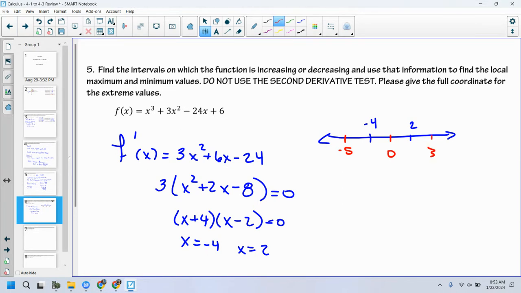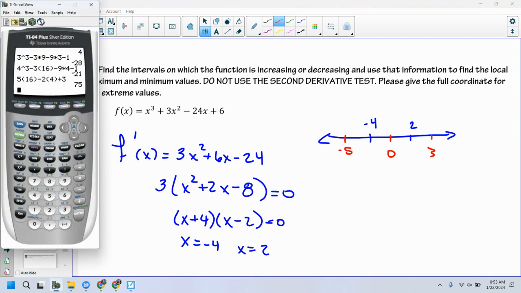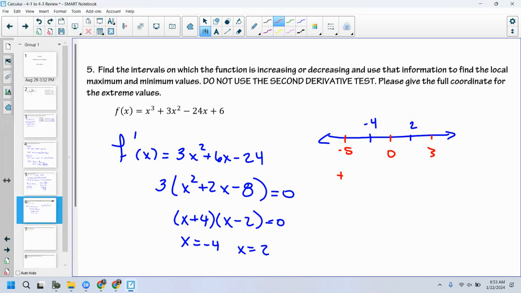Now, those go back into f prime. So we're going to take 3 times -5 squared is 25, plus 6 times -5 minus 24. And again, I don't care about the fact that this comes out to be 21. I care about the fact that this comes out to be positive.